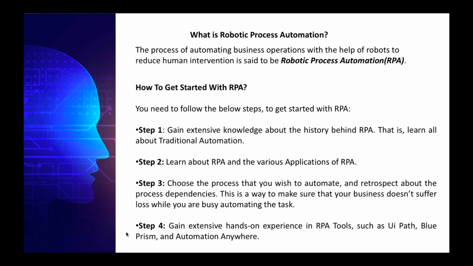The human has to be on the software and click the button, then it will go to the next page. So these are the two types, attended and unattended. Unattended is a straight-through process in which human intervention is not required.